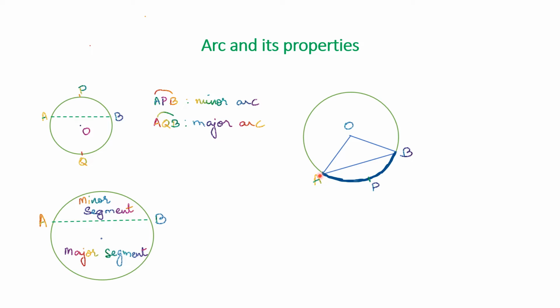If I join A and B as a straight line like a chord, then you get a chord AB with endpoints A and B. And if I join the point A to the center of the circle, and from O to the point B, I am getting an angle AOB. Observe that arc APB, chord AB and the angle AOB, all three have the same endpoints A and B.